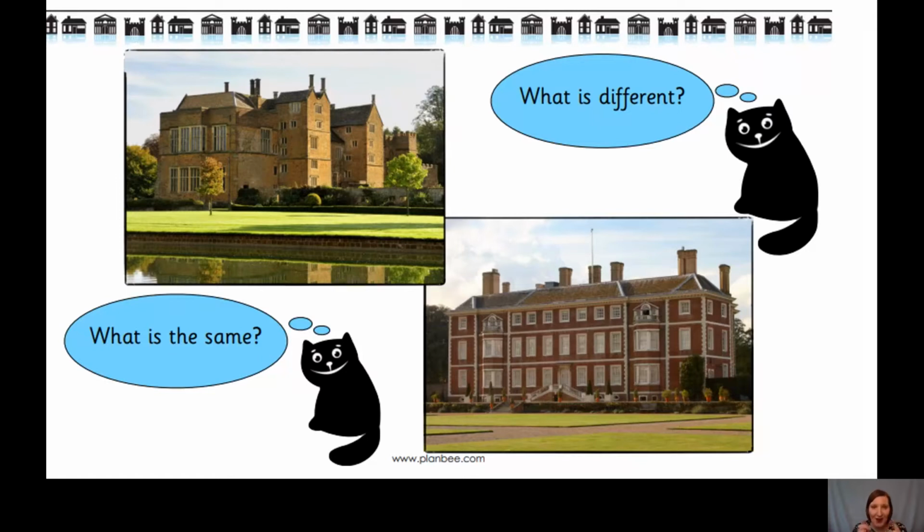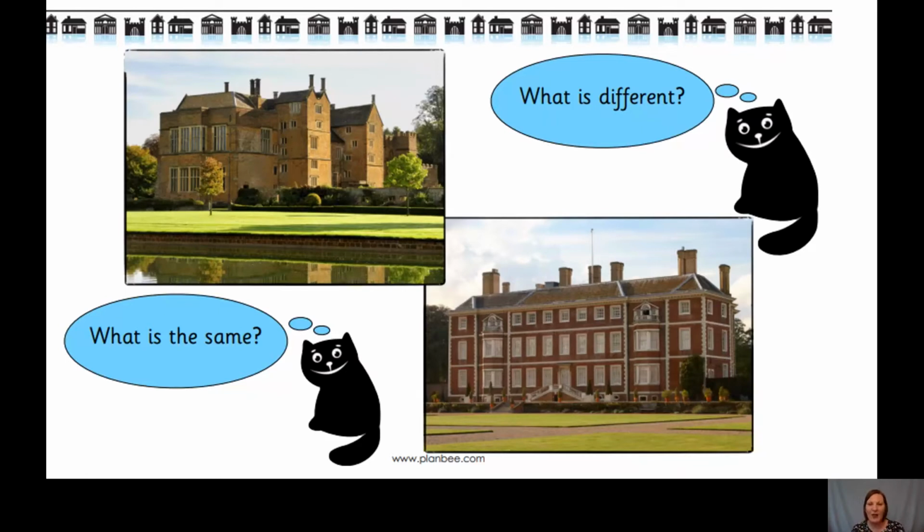And the reason why I know this, I can see lots and lots of windows on both of the houses. Something that's different is the chimney pots. The chimney pots on the top picture are very round and thin, where the chimney pots on the picture at the bottom are more rectangular, aren't they?